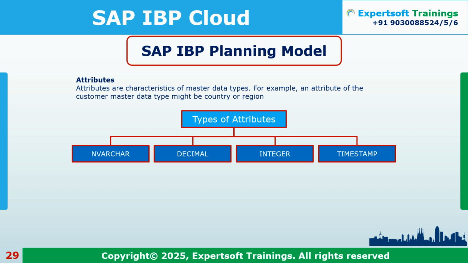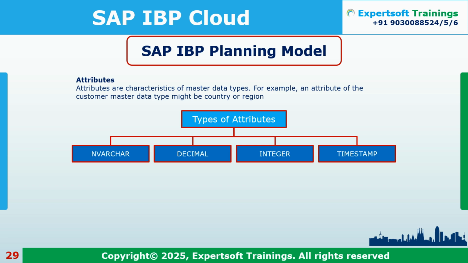And decimal, as the name indicates, will keep the decimal values, 2.0, 2.5, 4.5, like that. Integer stores an actual integer value, like a pin code. So certain pin codes are there, 560001, something like that. So that integer you need to keep it. Timestamp means the time exactly.